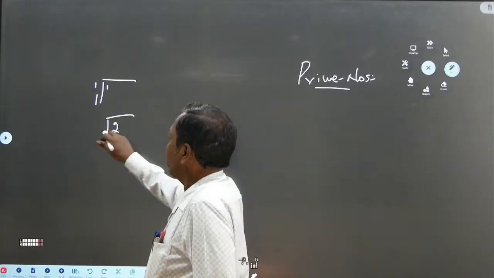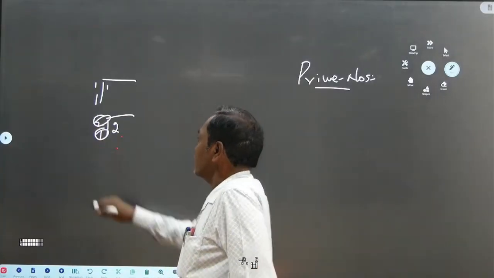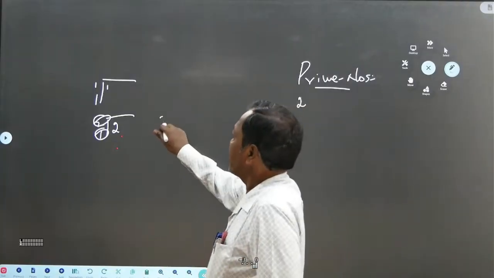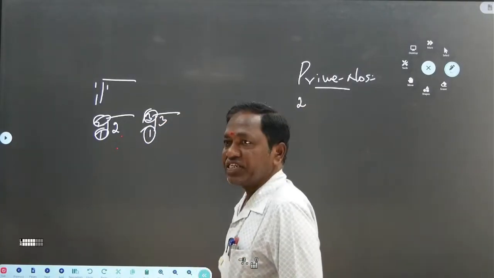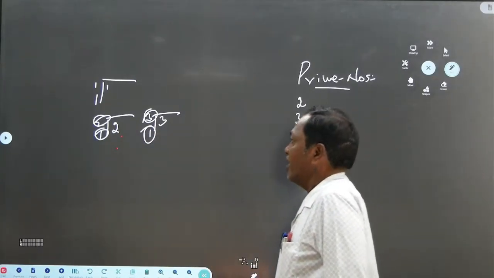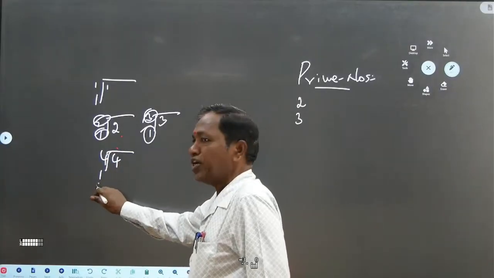Now 2 is divisible by itself and 1. Two distinct factors, so 2 is a prime number. And 3 by itself and 1, two distinct factors, so 3 is a prime number. And 4 by itself, 1 and 2.